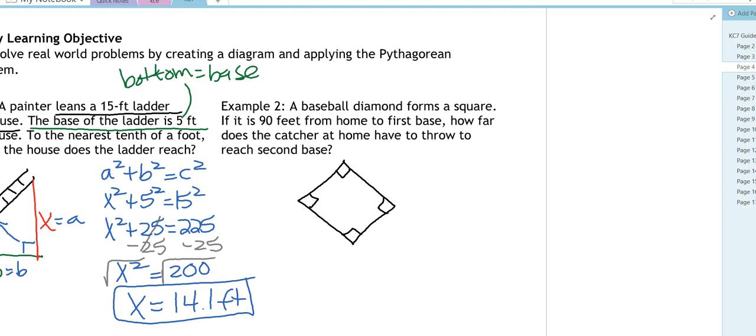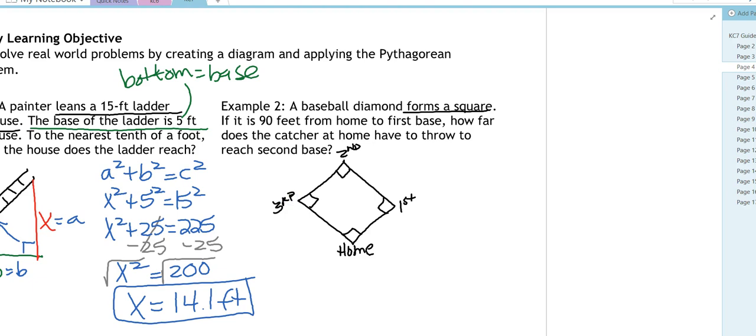It forms a square, right? So that was my square. Remember this is home base, this is first, this is second, and this is third base.